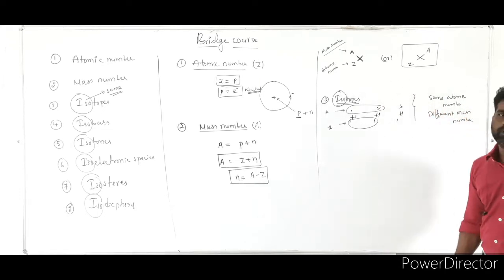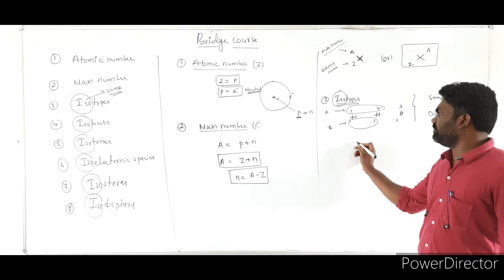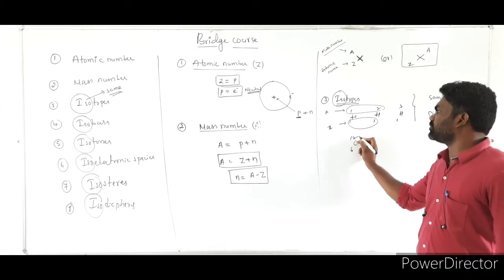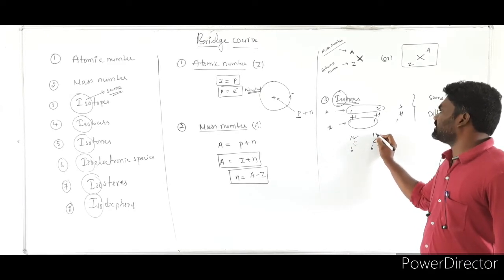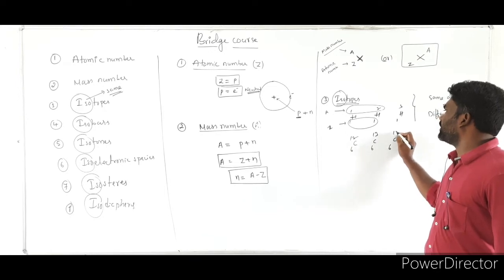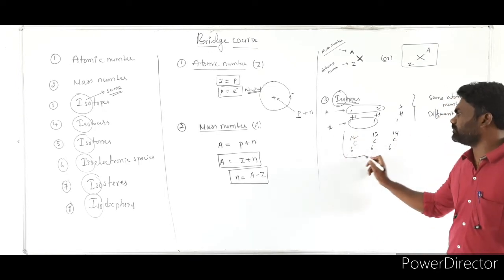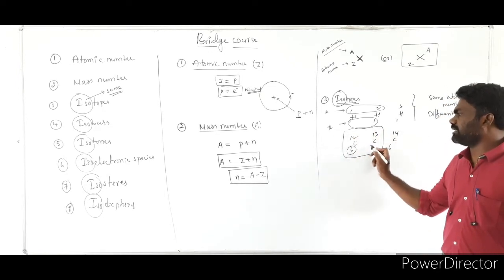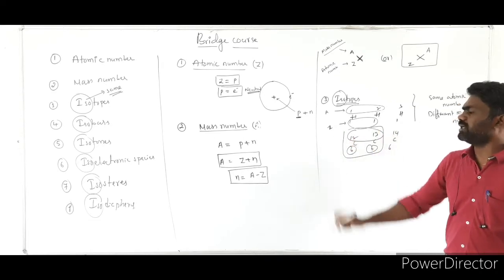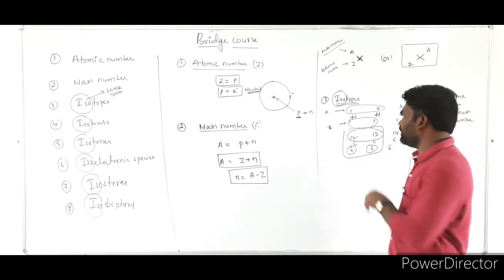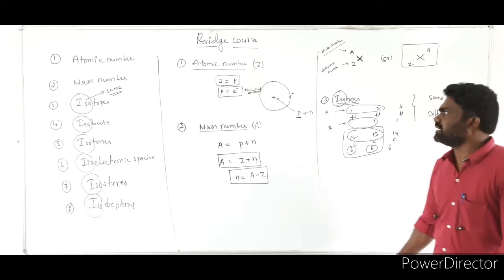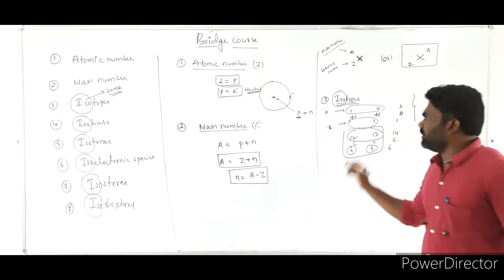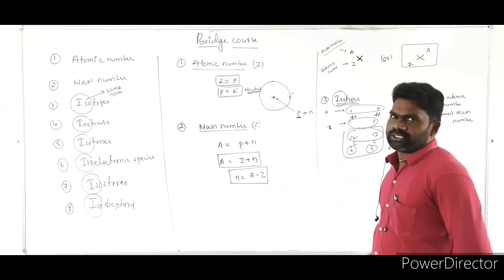Let us take another example: carbon 6-12, carbon 6-13, carbon 6-14. Anything you can take; I am taking these two. The atomic number is the same, and the mass numbers 12 and 13 are different. So the atomic number is the same, the mass number is different, and we call them isotopes. There are many examples; for understanding purposes I took two.